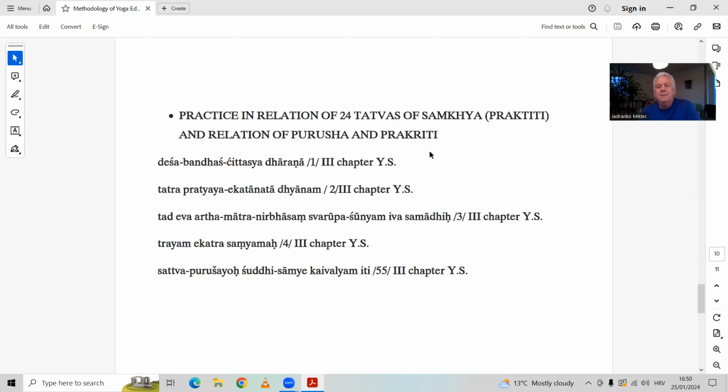And then Patanjali gives the 3rd chapter, where he gives the practice of samyama, based on these 3 elements, dharana, dhyana, and samadhi, having the 3 together in the practice of samyama. Then that samyama is applied on the 24 tattvas of the Sankhya, or the 24 elements of the Prakriti, to expand the territory of your knowledge about the nature of the Prakriti, about the nature of the relative.